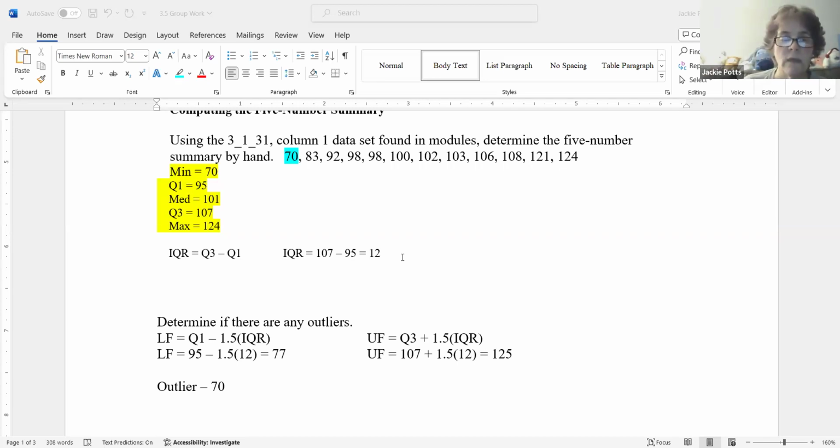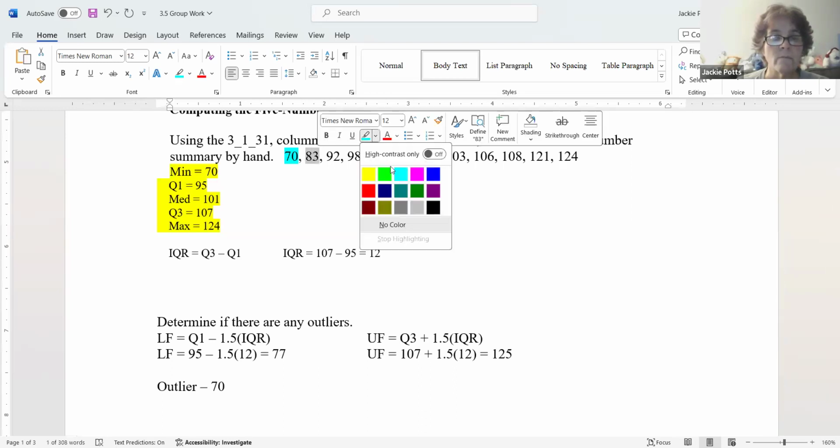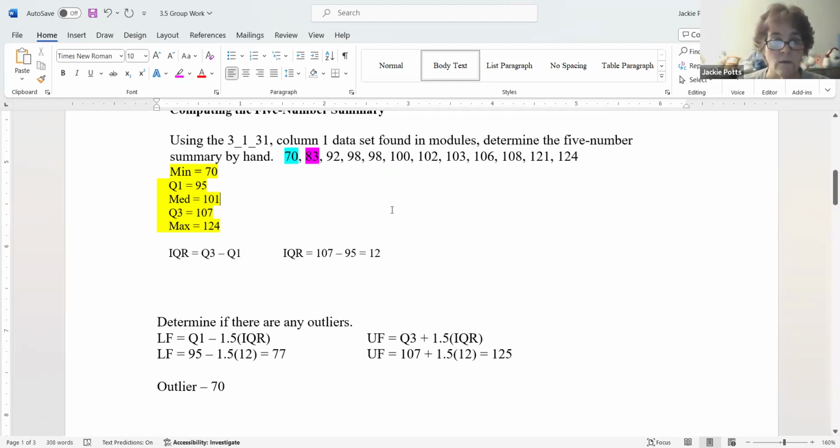Now, remember I said the min changes when we're going to do the box plot. Since the true minimum is now an outlier, we go to the piece of data that is one step bigger than the lower fence. With 77, I'm going to look at this piece of data. So my new min would become 83.